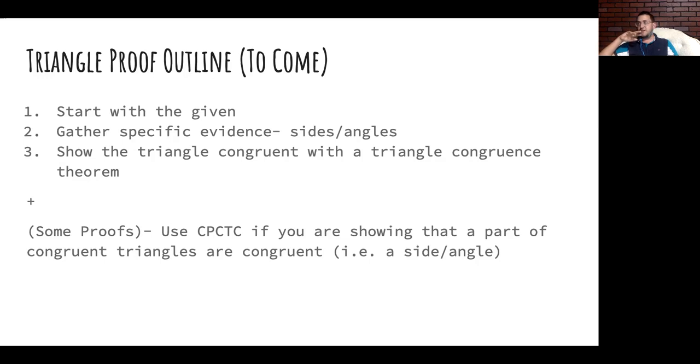Sometimes you may need to use something like vertical angles or the reflexive property to get to where you need to go. And then you're going to use your triangle congruence theorem to show that the triangles are congruent. And then on some proofs, if they're asking you to prove that a particular side of a triangle is congruent or a particular angle, then we use CPCTC as our reason.